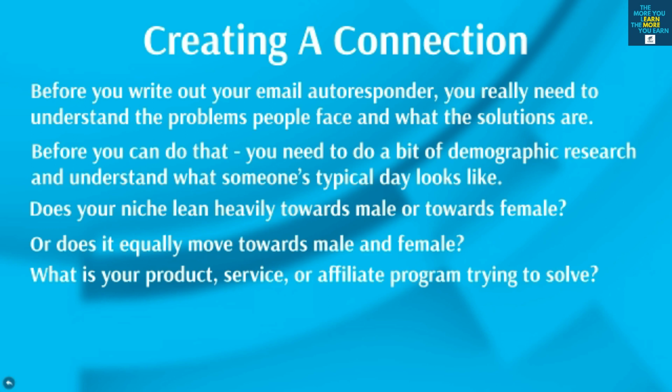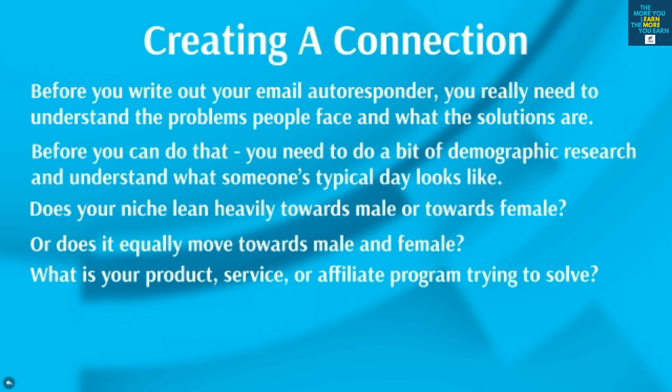It doesn't matter if you're selling a product or service or an affiliate program. The whole goal of every single one of these items is to build a relationship first. Then you can sell your product, then you can sell your service, and then of course, you can sell your affiliate program. So oftentimes you'll find that the best converting email autoresponder series tend to build a relationship first rather than selling first.